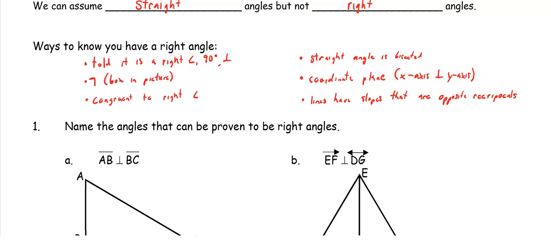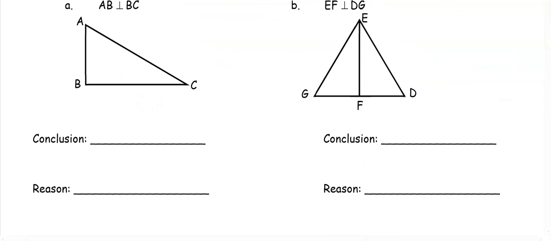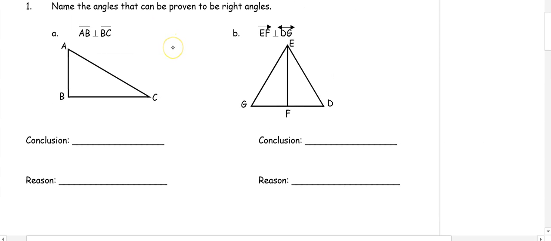So in number one, A and B, we are given a statement and we have to use that statement to make a conclusion and have a reason for it. In letter A, we have that AB is perpendicular to BC, which means it's forming a right angle there. So we could say angle ABC is right. And our reason here is that perpendicular lines form right angles.